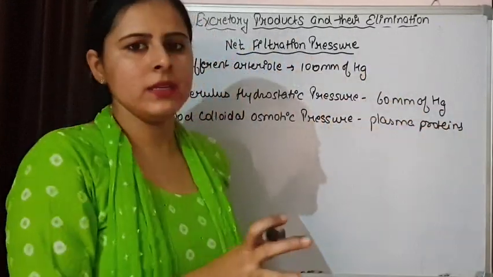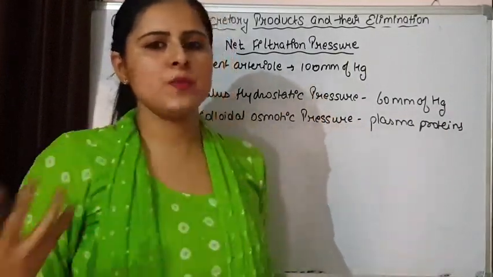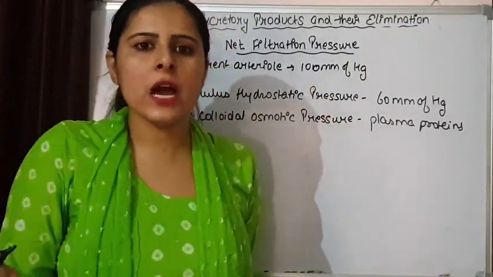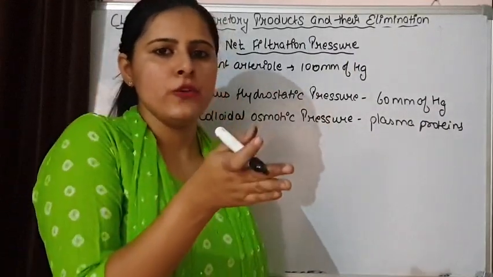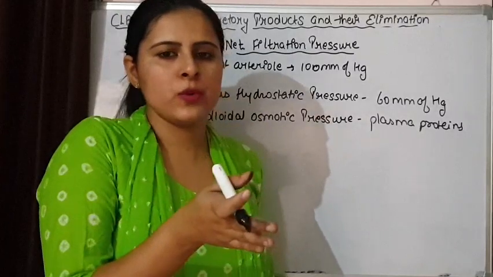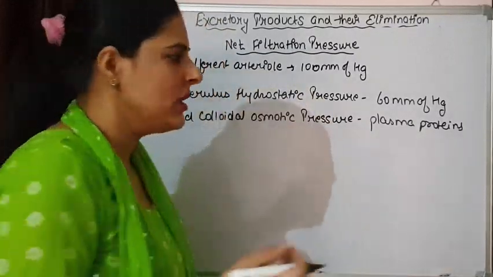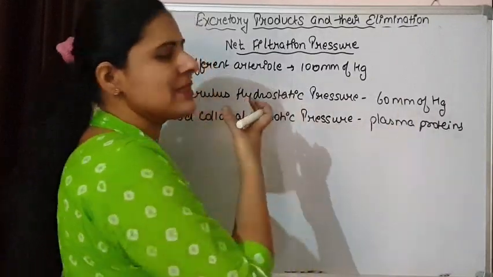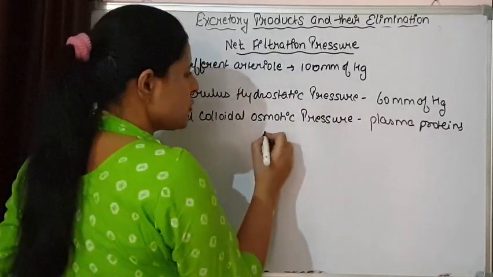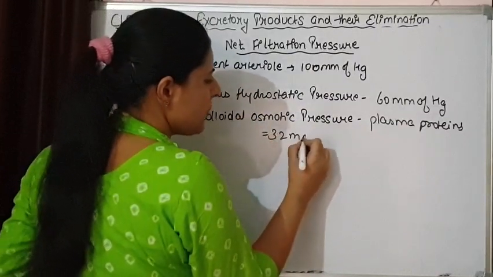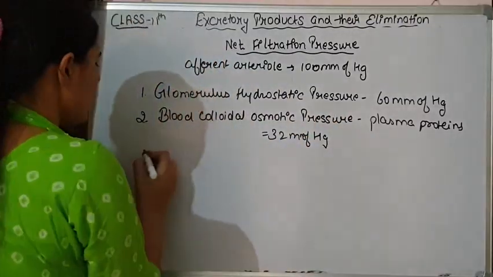In the glomerulus, plasma proteins are there. These plasma proteins are not going to filter out, but they are functioning as a negative factor in the filtration process. They are working in the opposite direction to prevent the filtration. So because of the pressure exerted by these plasma proteins, the blood colloidal osmotic pressure is 32 mm of Hg, and that is an opposite pressure.